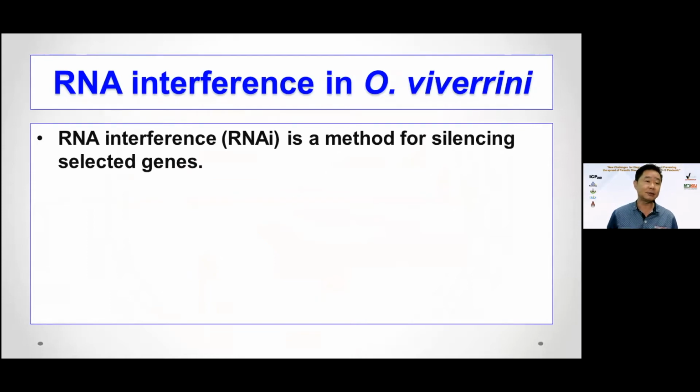Before I tell you about my work on RNA interference, I'm going to introduce a little bit of what it is. RNA interference, or RNAi, is a method for silencing a gene. If you want to knock down or silence the function of a gene to see if that gene plays a role, you can use this technique.